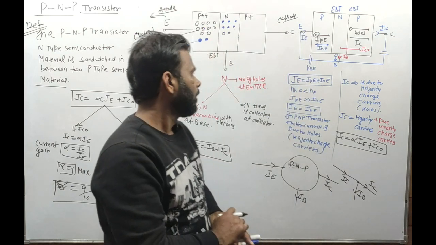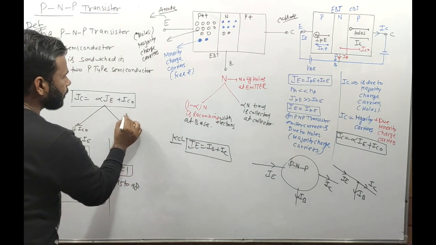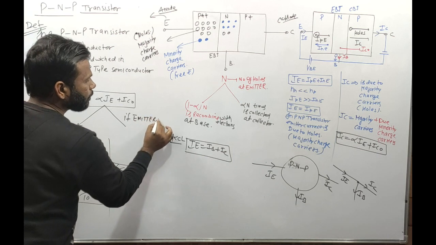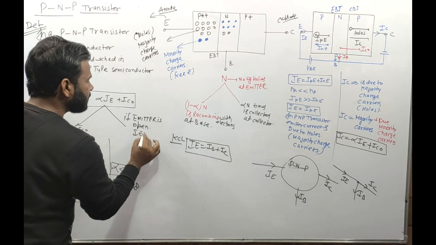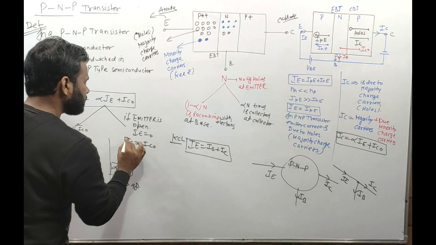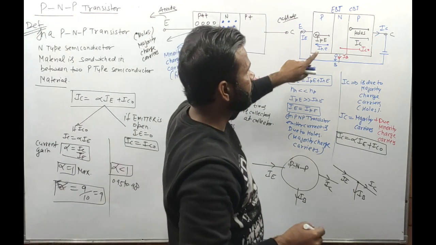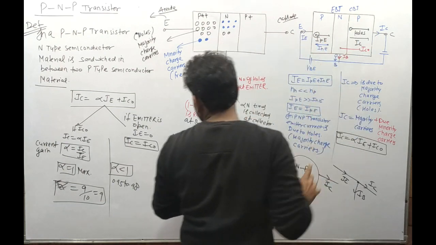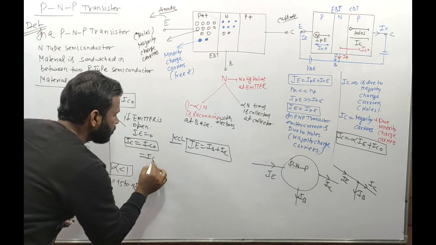Clear? Now the next thing is what? If the emitter is open, then IE is 0. Then IC is equal to ICBO. Now if you see the picture, if the emitter is open, then the current obtained at the collector with the base and emitter open is called ICBO.